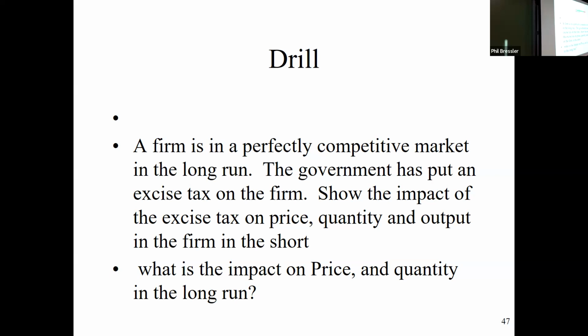Okay, so now. That price is set. Oh, yeah, the quantity, that's all.